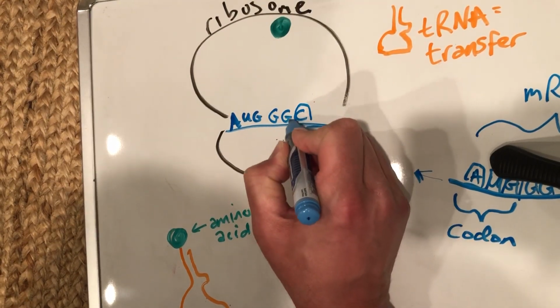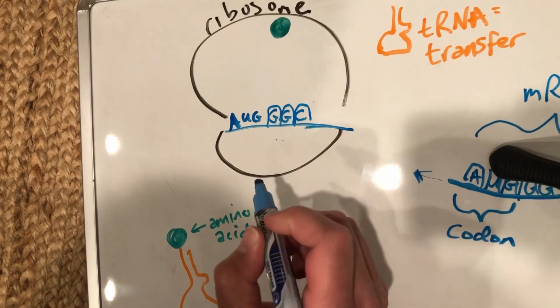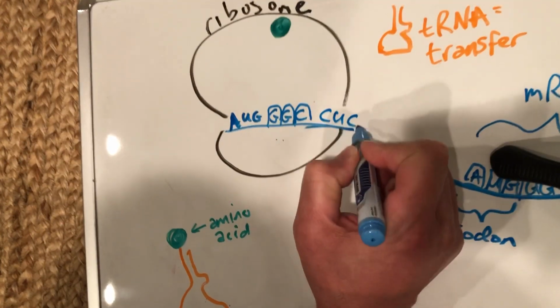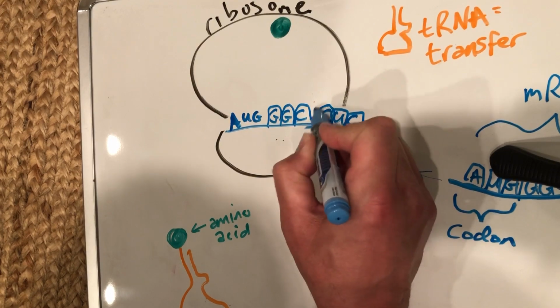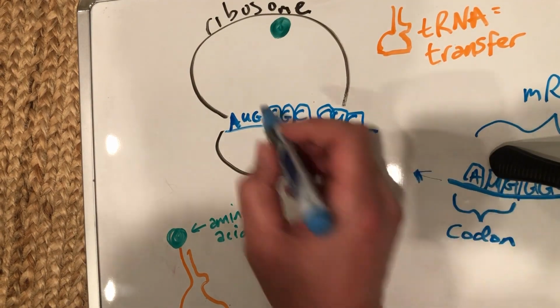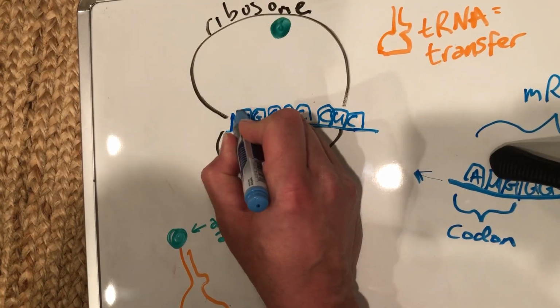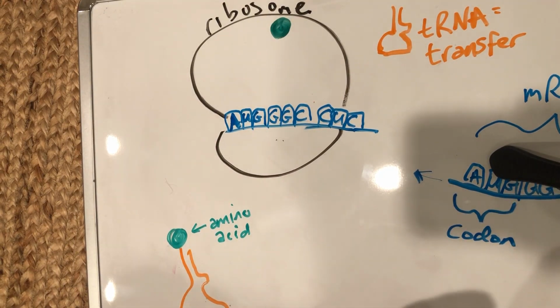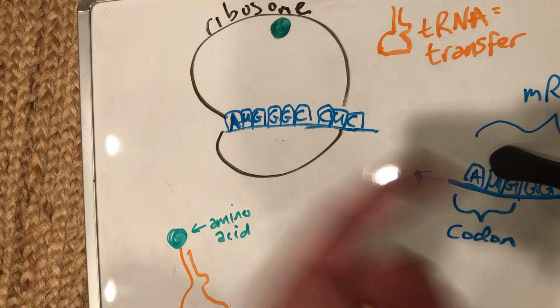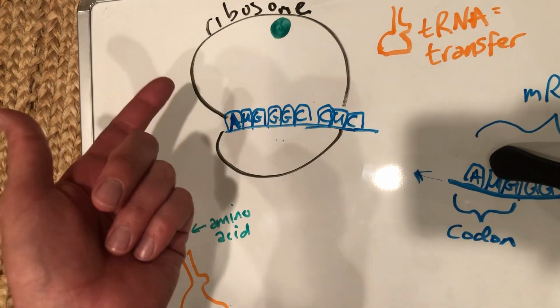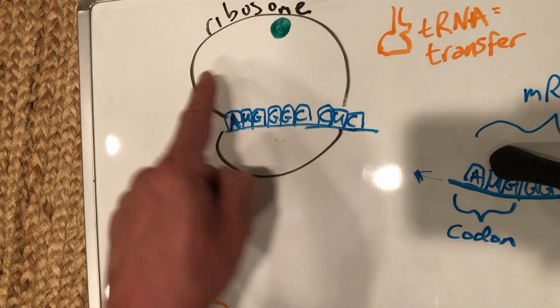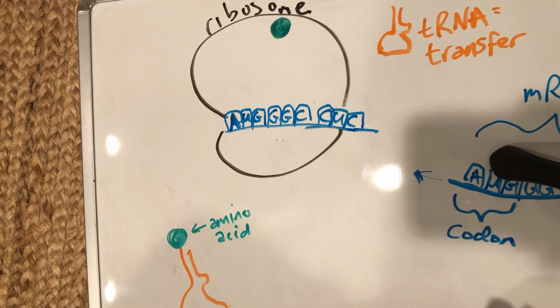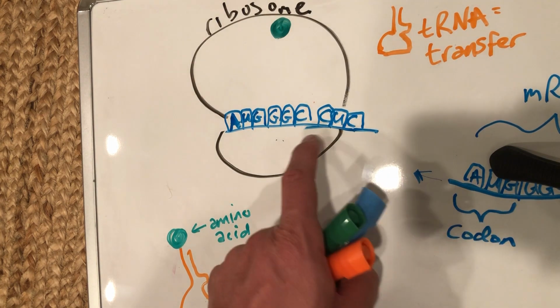CUC is the last codon. This is only 9 letters in this gene. A regular gene would probably be hundreds, sometimes thousands of bases. Now, I don't know off the top of my head what amino acid would be coded for here. I'd have to look at an amino acid decoder, and you're going to learn about that.